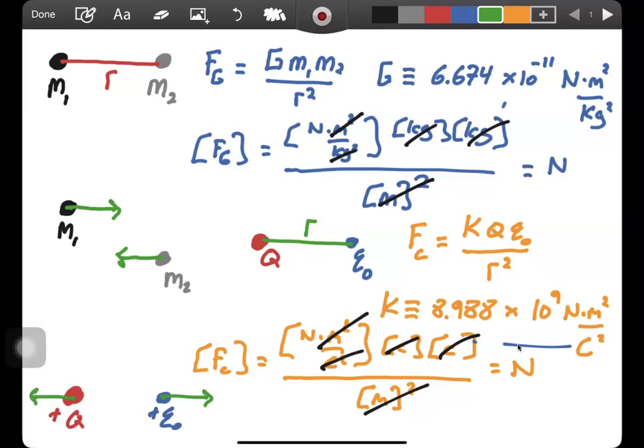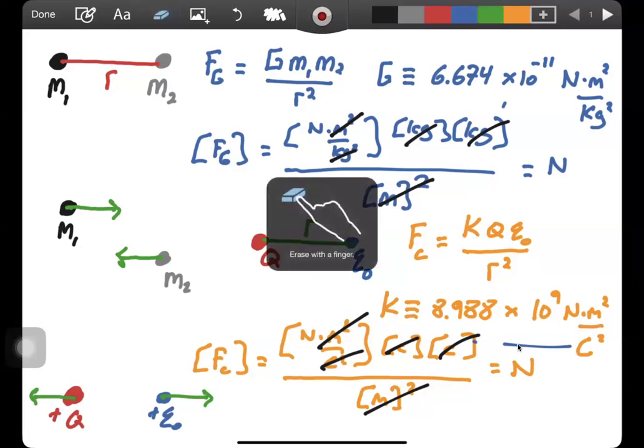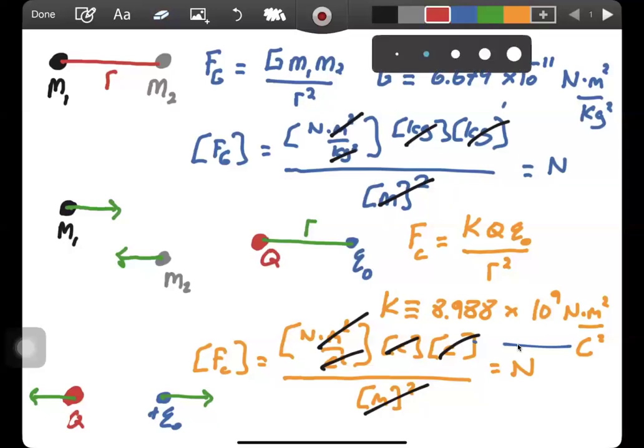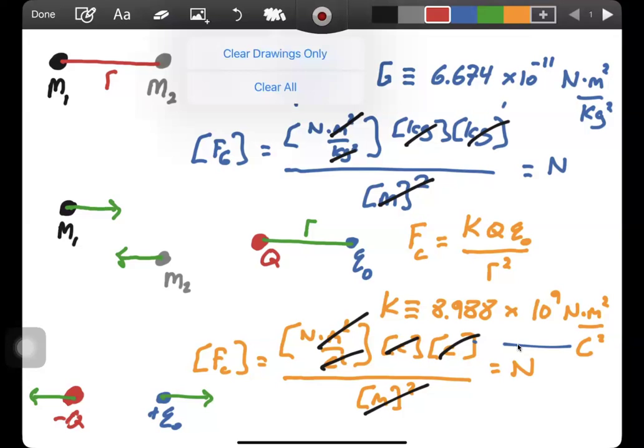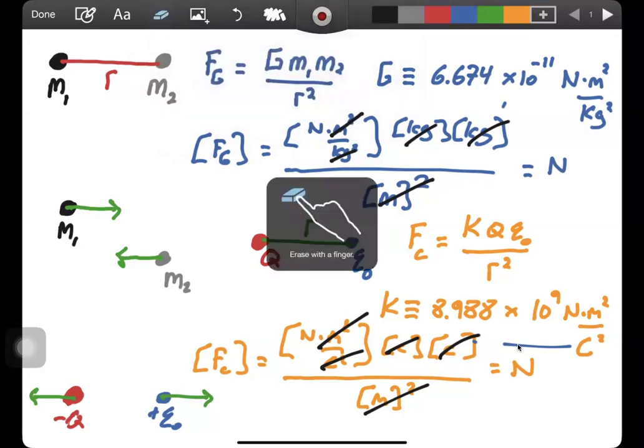But here's the thing. Let's say that instead of positive Q, we have negative Q. Now you have opposites, and it turns out that opposites attract.